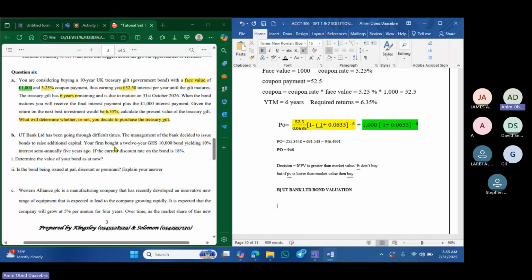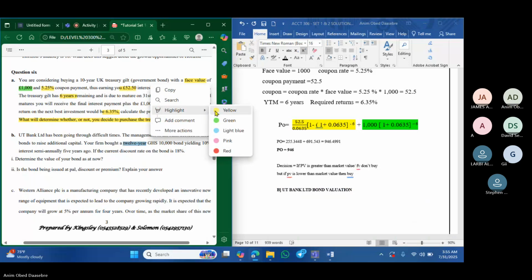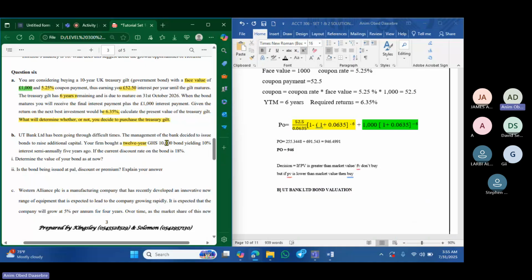Your firm bought a 12-year, so a 12-year is the what? Yield to maturity. A $10,000 bond yielding 10% interest semi-annually 5 years ago.